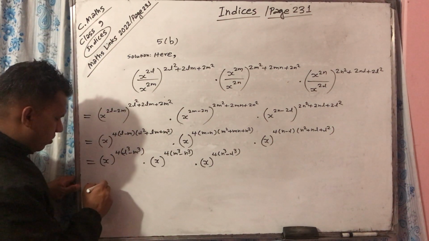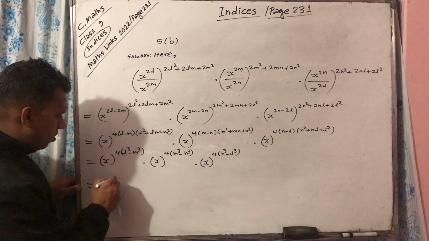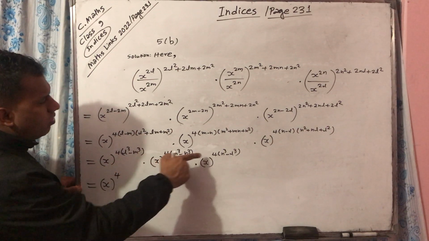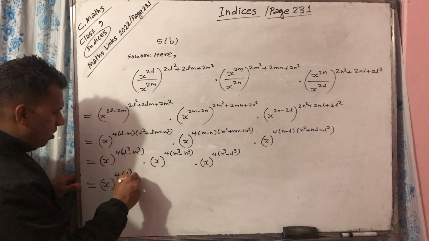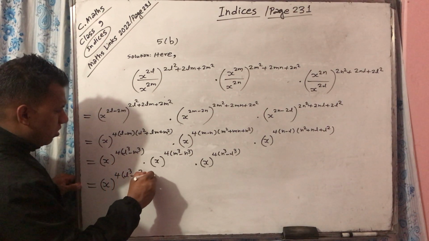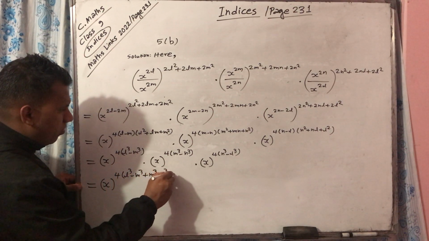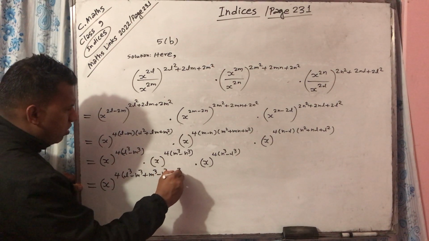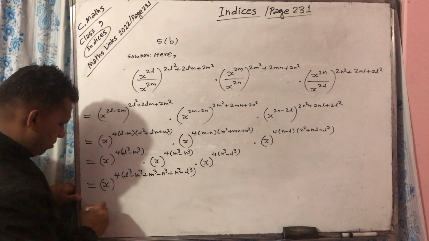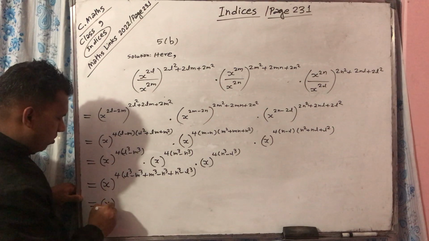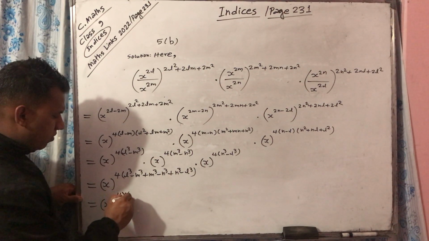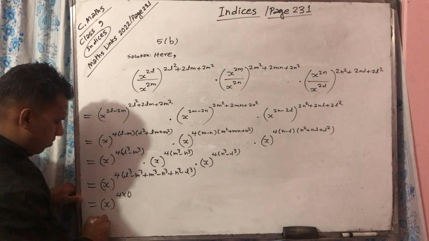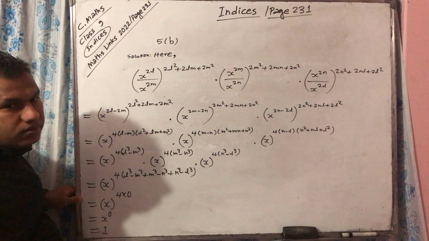So base is same, so x to the power 4 common from all three, so remaining parts are l cube minus m cube plus m cube minus n cube plus n cube minus l cube. So x to the power 4 times, within bracket sum is 0, so 4 times of 0, x to the power 0, so this is equal to 1.